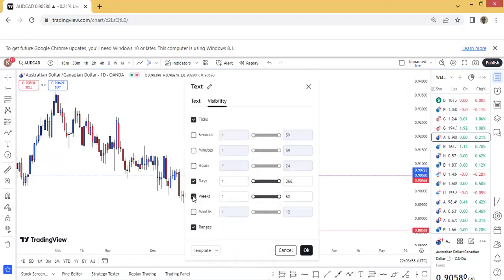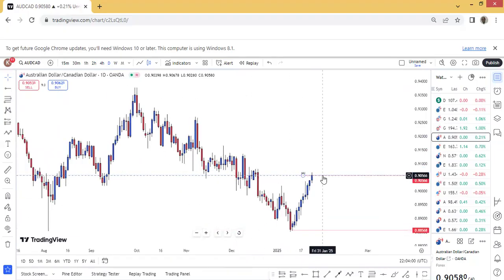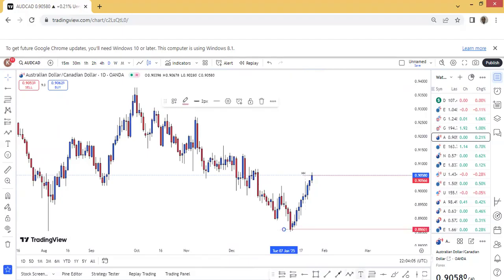Let's make it visible only on the weekly chart. You need to get your levels right. And then we have a higher low. Okay, let's come to the 4 hours.